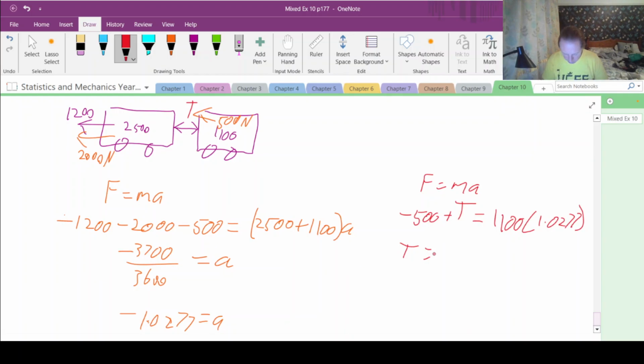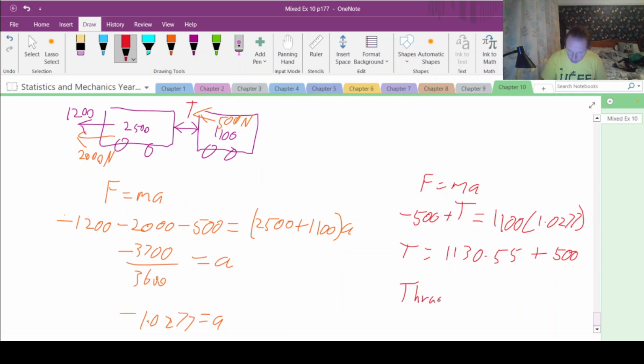That gives us 1130.55, adding 500 to it, plus the 500 gives us 1,000.